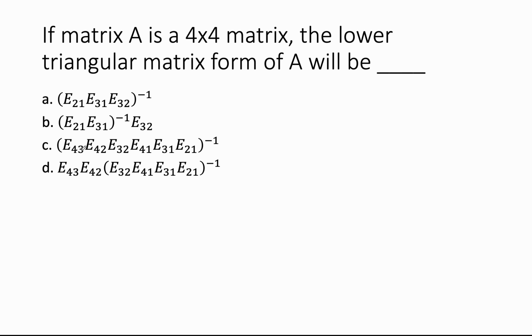The next question is, if matrix A is a 4 by 4 matrix, the lower triangular matrix form of A will be... Okay. So first of all we'll see what all these matrices E32, E31, E21 are and in what order they should come to get the lower triangular matrix.